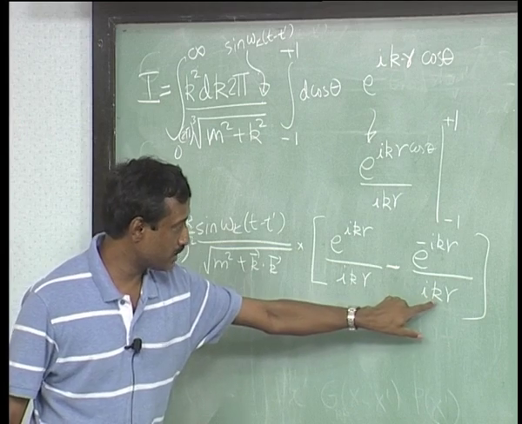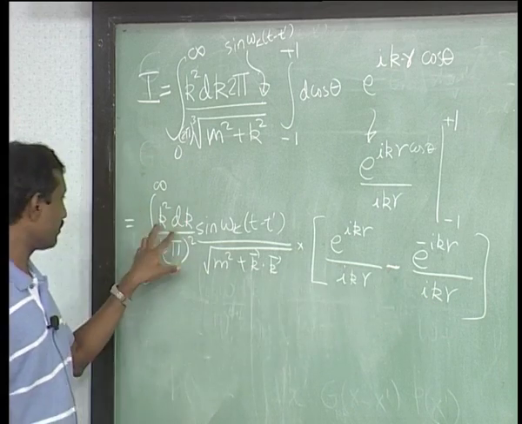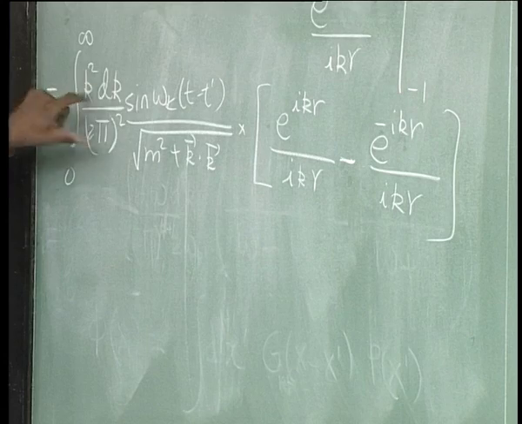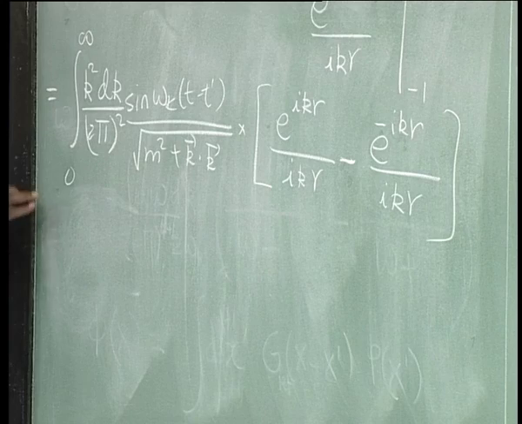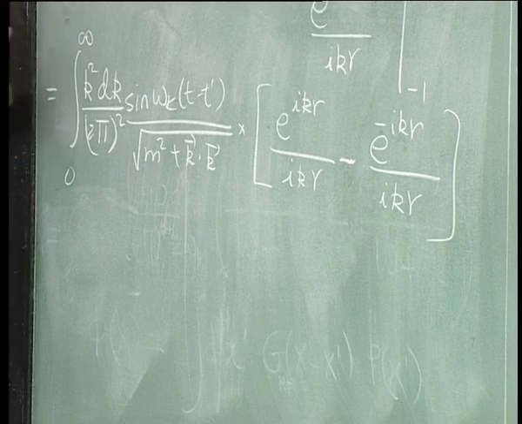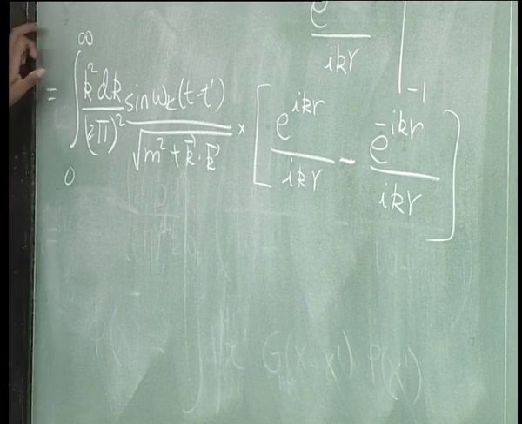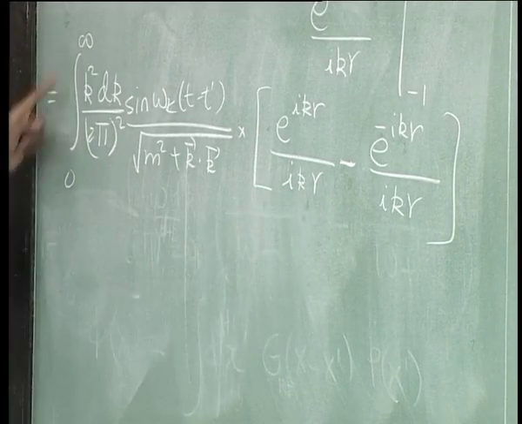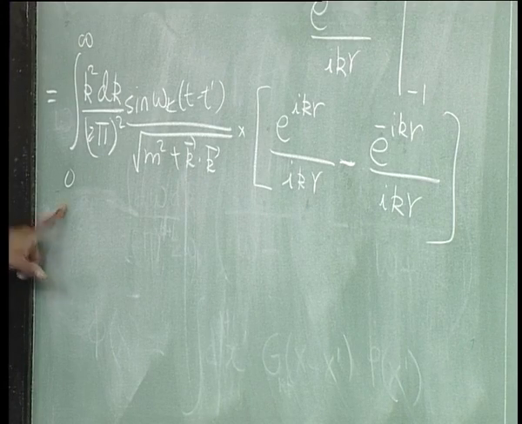This flips sign out here, but this guy is odd, so it will also change sign. That will convert an integration from 0 to minus infinity, flipping it to minus infinity to 0. So you can see that I can rewrite this term by putting it back into this, changing the limits to go from minus infinity to plus infinity.